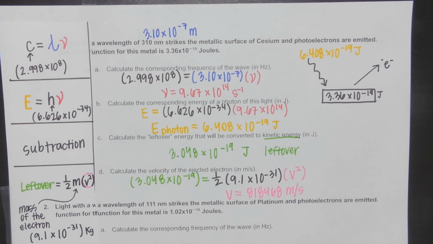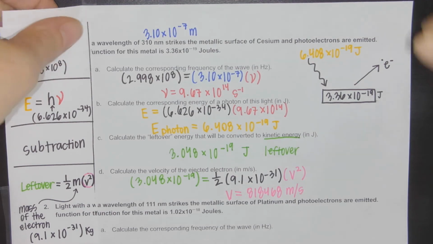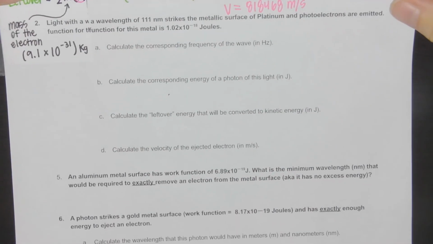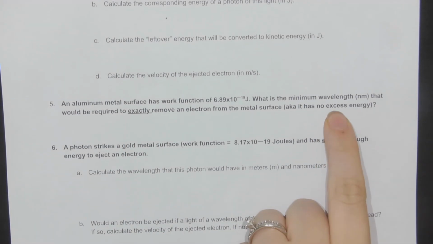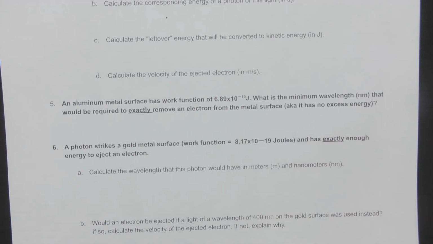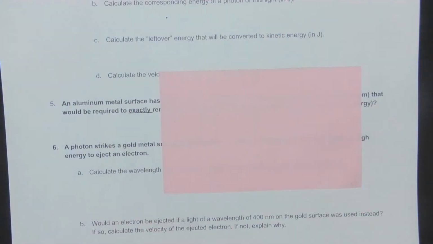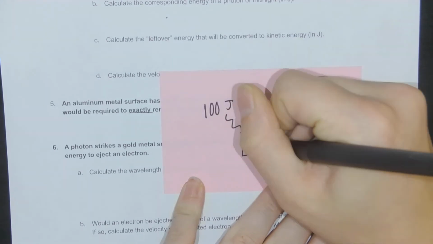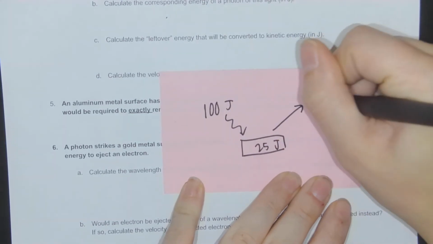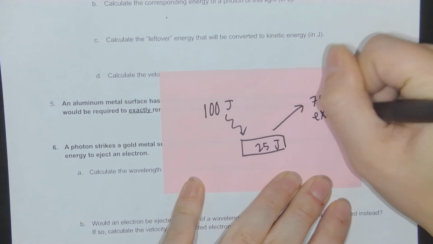The rest of the problems, they are pretty much the same format. The only ones that are a little bit different are 5 and 6, where they say that it has exactly enough energy to remove an electron, but it has no excess energy. All that's implying is that in most cases, you are coming in with energy, there's the impact, and you leave with excess.